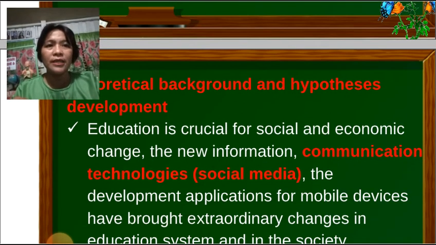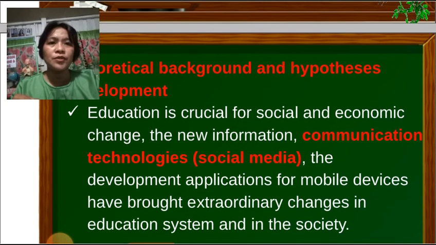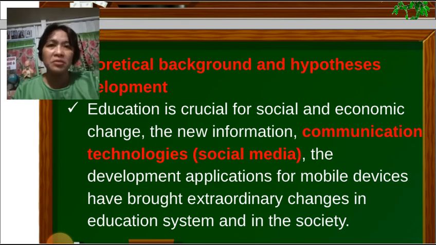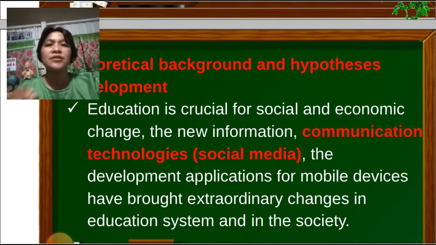Next is we have the theoretical background and the hypothesis development. So that means education is crucial for social and economic change. The new information and communication technology, the social media, the development of applications for mobile devices have brought extraordinary changes in the education system and in society. So the technology and social media are used to communicate between students and learners, and between the students and the teachers.